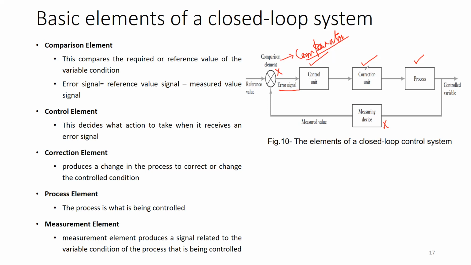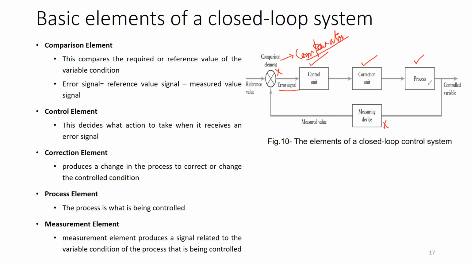Then that correction is implemented in the correction unit. करेक्शन यूनिट में जो करेक्शन आपको जितने अमाउंट ऑफ करेक्शन करनी है उसका सिग्नल मिलेगा, and finally the process will be corrected. We will see how it is done by considering various examples, but firstly we need to understand what all these parts are there for.